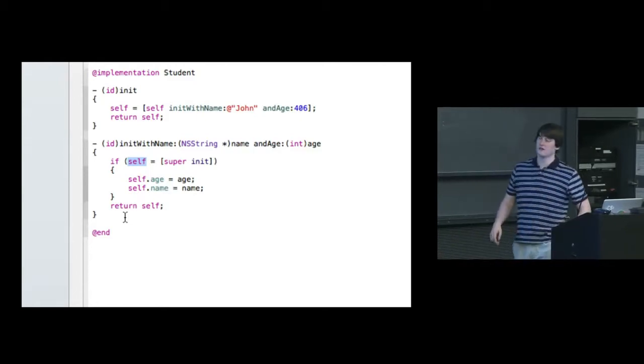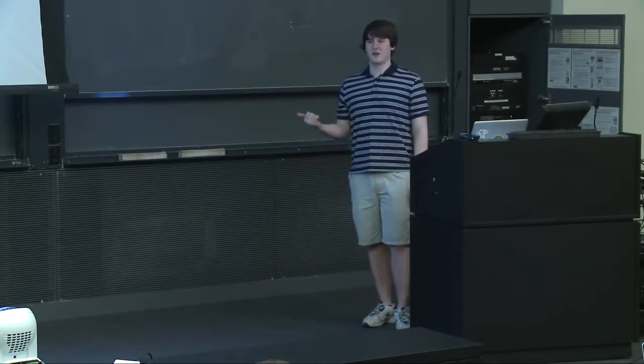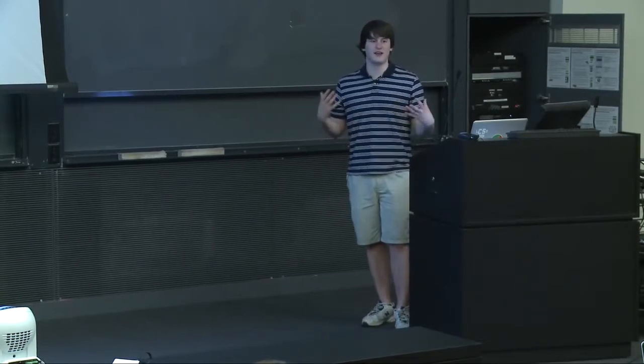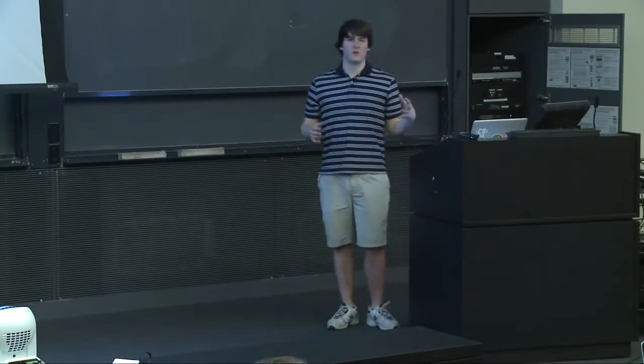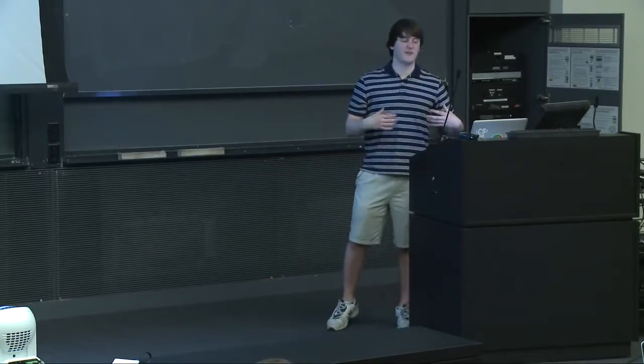Yes? Is self similar to this in Java? Yes, yes, yes. Self and this are two things you see in languages. There is no this in Objective-C. They just call it self. It means this current object. So when I have a student, like I just allocated a student, and then I pass that student the message init with name whatever, then self refers to that student I just passed the message to.